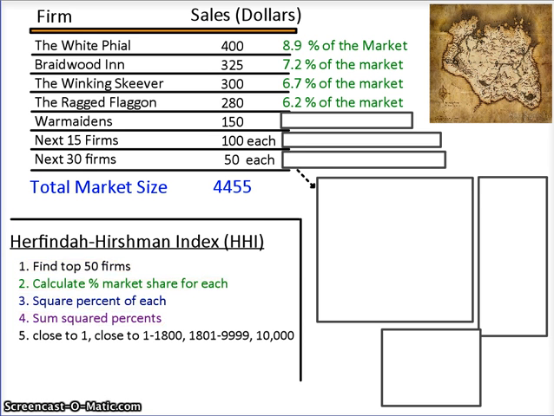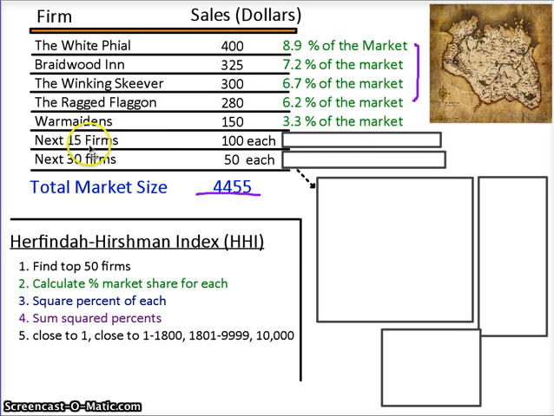In the previous screen, we had already calculated the market size, and we had already calculated the percent of the market of the top 4 firms. So now we want to calculate the percent of the market for all the other firms. War Maidens, if we calculate that, is 3.3% of the market.